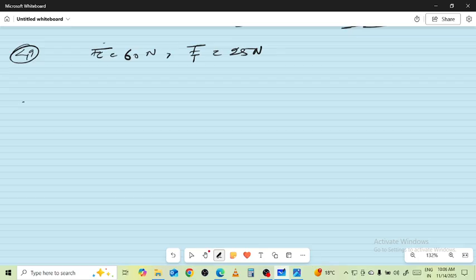and velocity V is equal to 130 meter per minute.